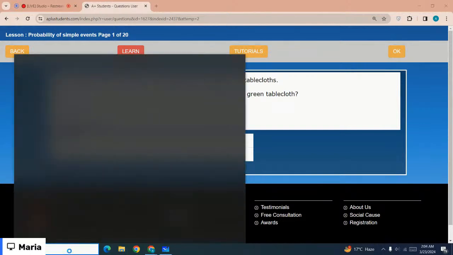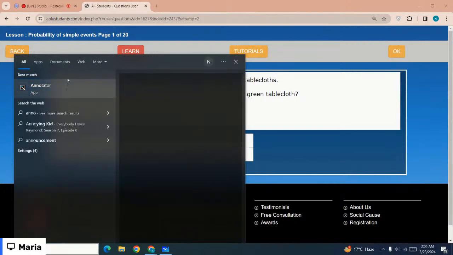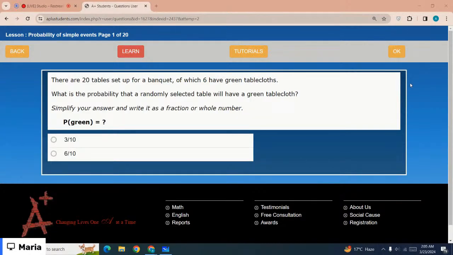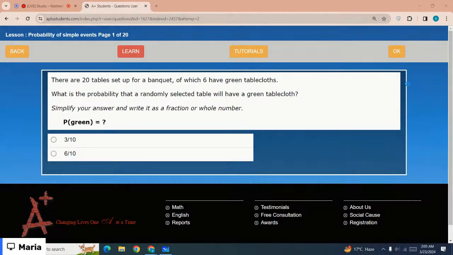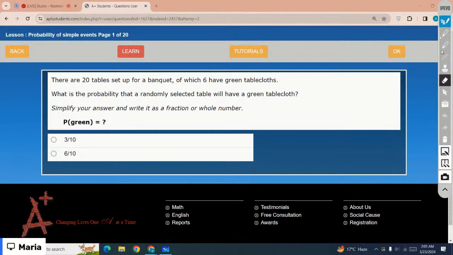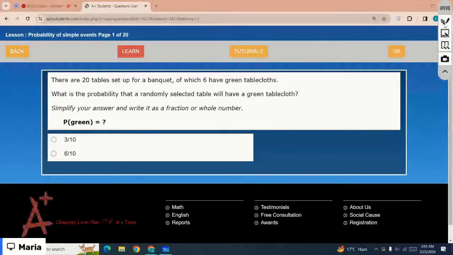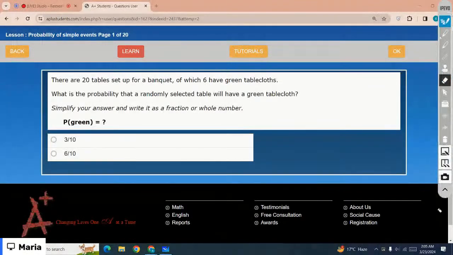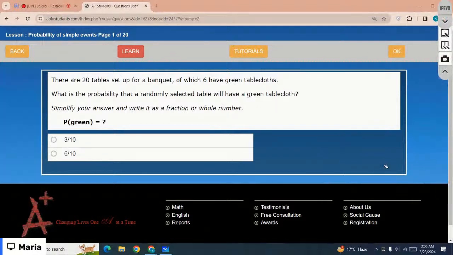So the total outcomes are 20. Outcomes that have green tablecloth is 6. So the probability of green tablecloth is 6 over 20, right?